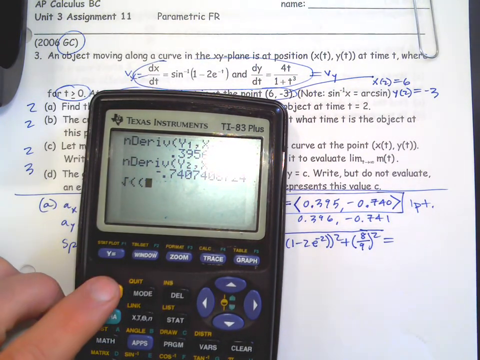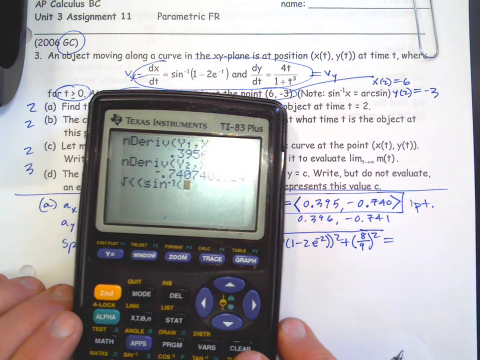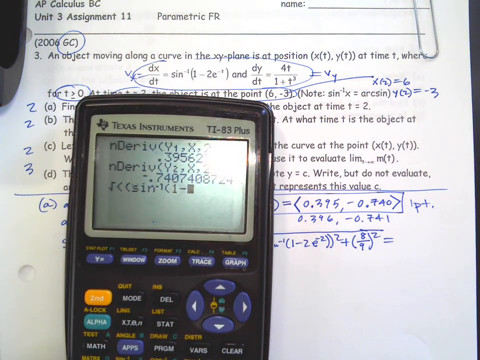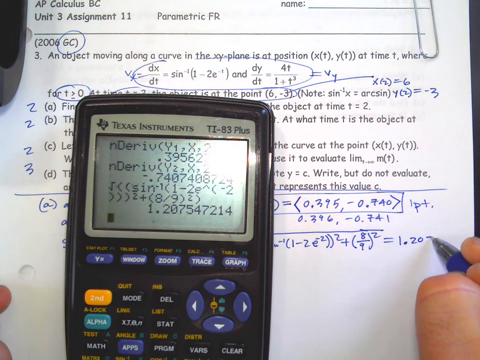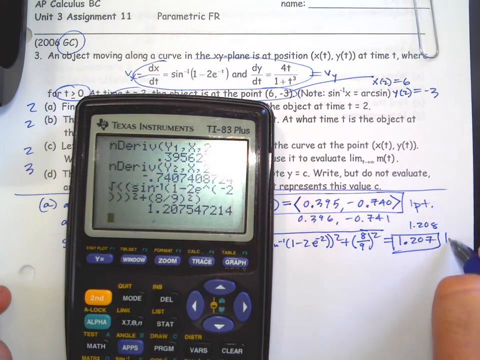Parentheses, inverse sine of 1 minus 2e to the negative 2, close, close, close, squared plus 8/9 squared is 1.207 or 1.208. That's a point.